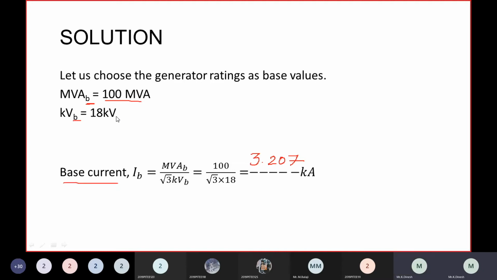So the base current expression is MVA base divided by root 3 times kV base. MVA is 100, root 3, kV 18. Solving, the base current should be 3.207 kilo amps.